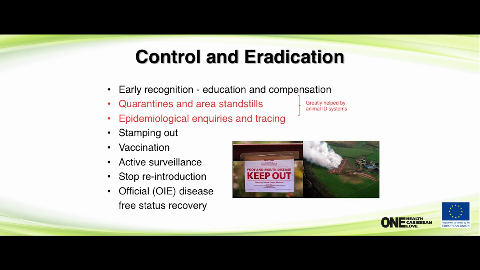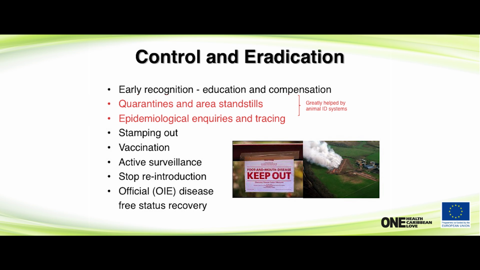You have to have quarantines and area standstills. You have to be able to do epidemiological inquiries and tracing. And of course, these are greatly helped by animal ID systems. And this is one of the key reasons why the developed countries are so much better at controlling foot and mouth disease, because they usually have these systems well in place.